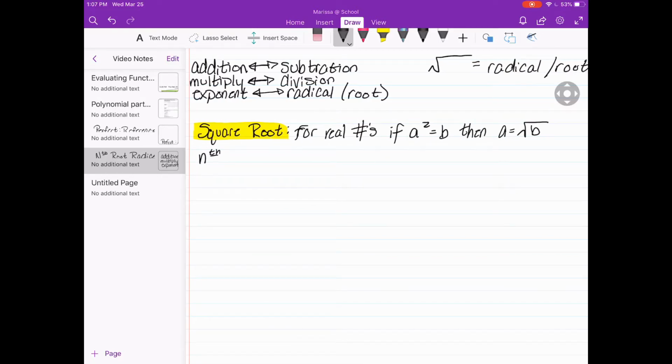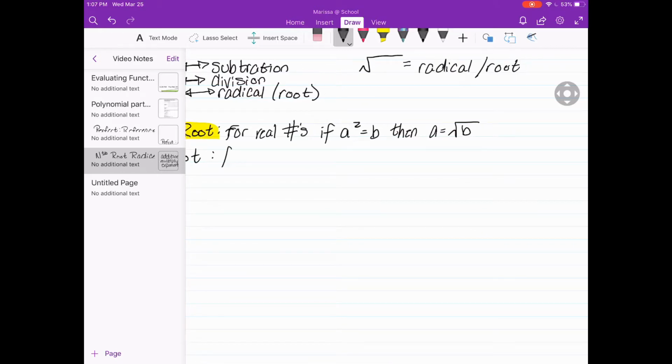So the nth root, for real numbers, starts off the same way. If a to the exponent of n, so that could be 3, 4, 5, 7, 11, 102, is equal to b, so it's equal to some number, then a is equal to the nth root of b.